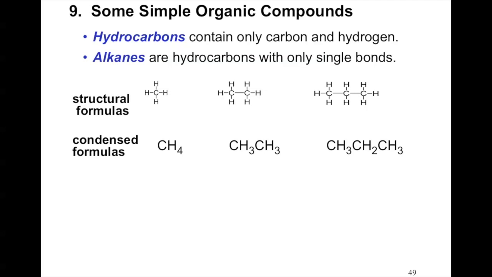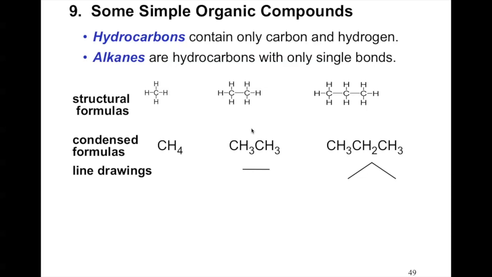Each carbon has to form 4 bonds, so this one is forming 3 bonds with the hydrogens. The 4th bond must be through the carbon-carbon connection. Again, when we compare this structural formula with a condensed formula, we can identify a CH3 fragment here, a CH2 fragment here, and a CH3 fragment here.